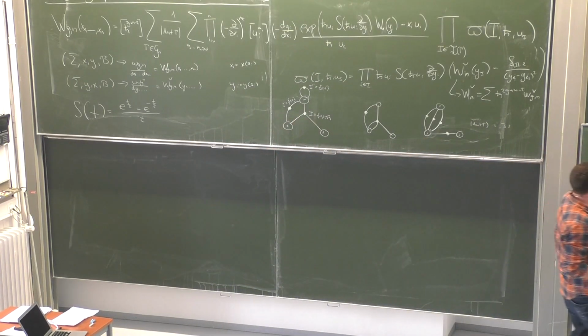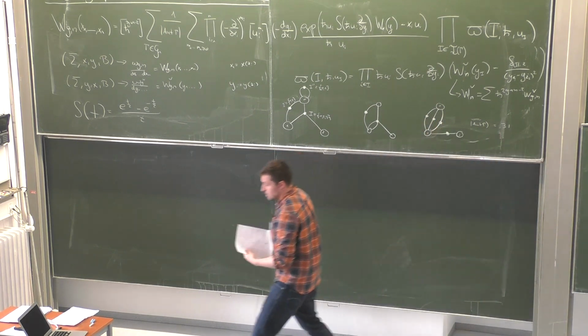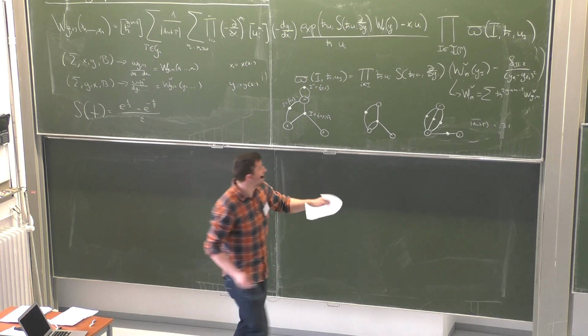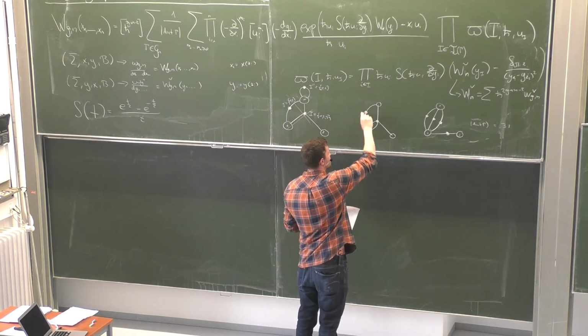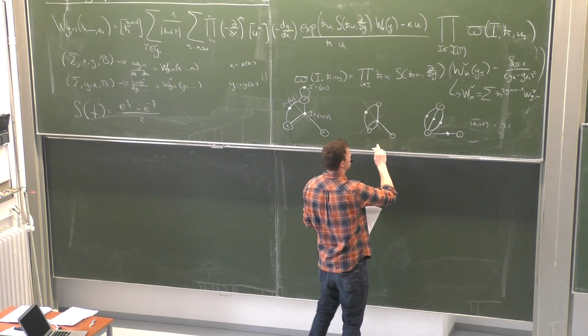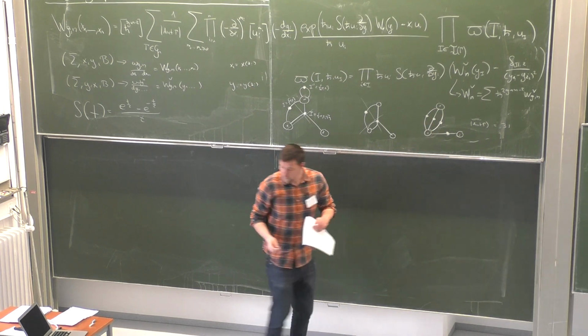This would be the case for g equals 0, n equals 3. It does not contribute. So for instance, in this example on the right-hand side, this will not contribute. This one as well, because here we have a 4-valent vertex, but this can contribute.